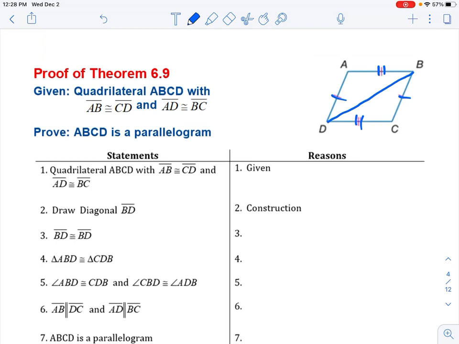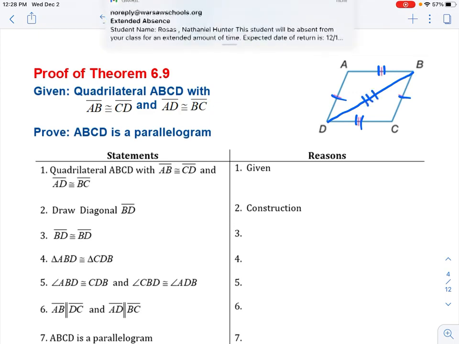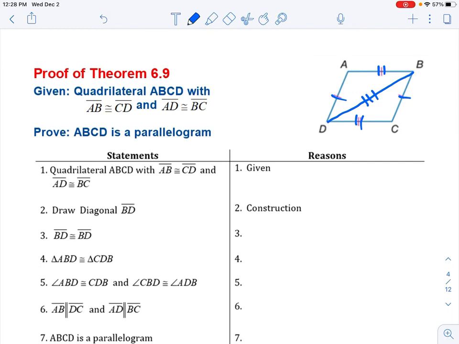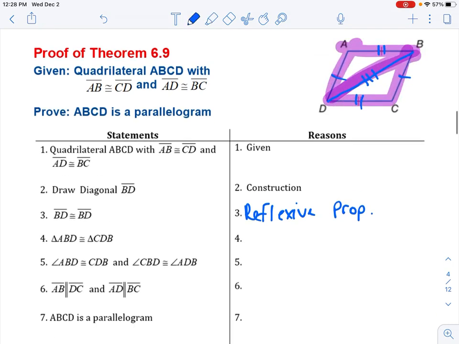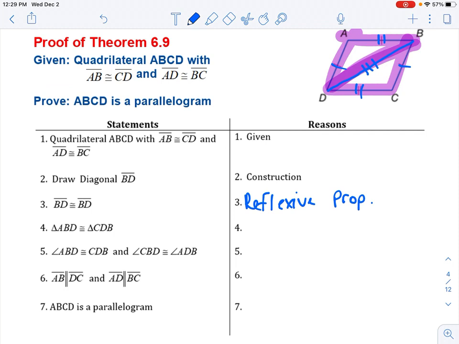Before, we said that we know two points make up a line, so we can make that line exist there. Then you'll notice that we have BD congruent to itself. That is the reflexive property of equality. And then if you focus in on the triangles that we have formed, we have triangles congruent by side, side, side.